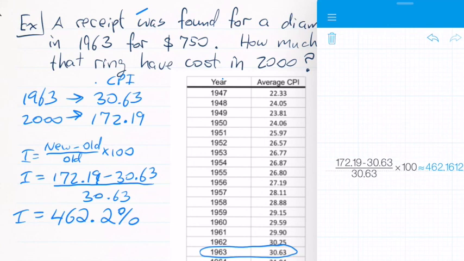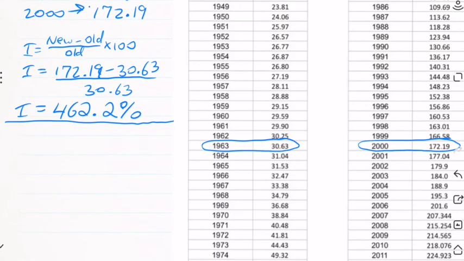All right, and then we want to change the value of the ring. Now to change the value of the ring, we're going to use Grandma's formula. And I'm putting plus here because this is a positive 462. It's very rare for it to be negative, but it is possible. So do I know the new value?